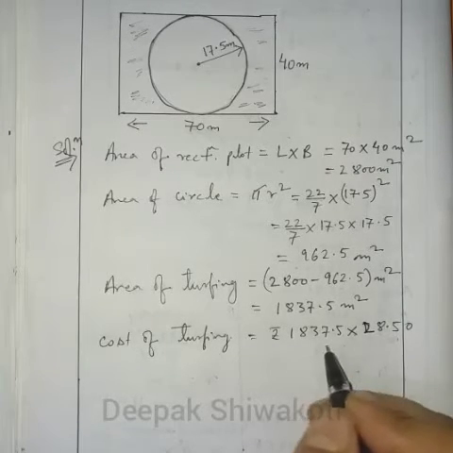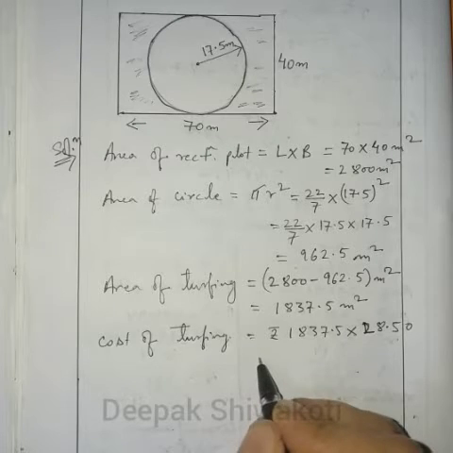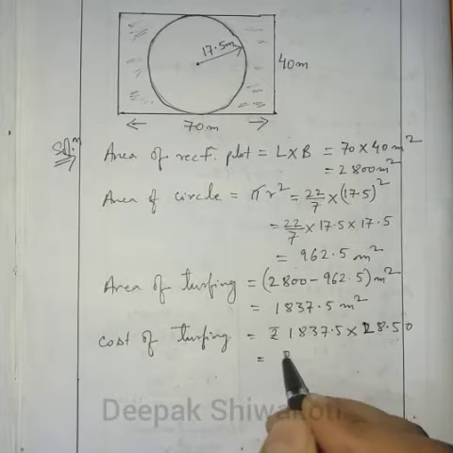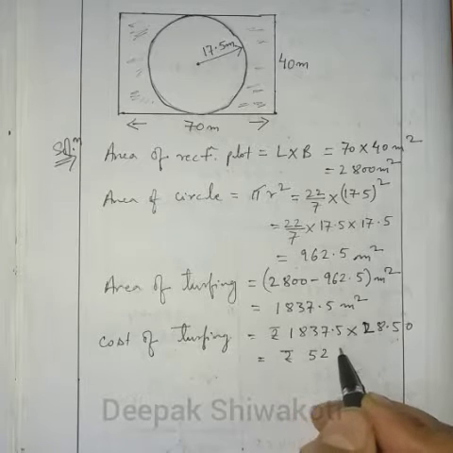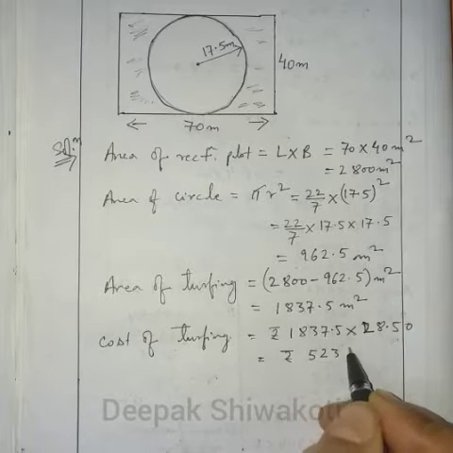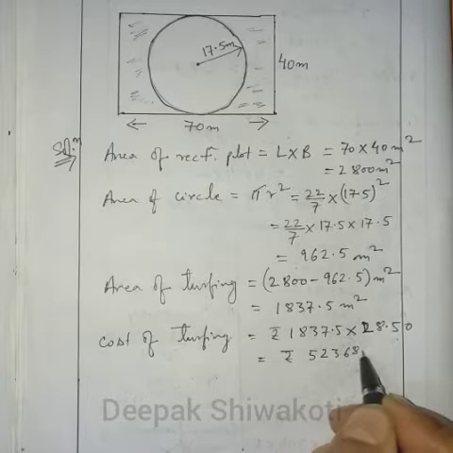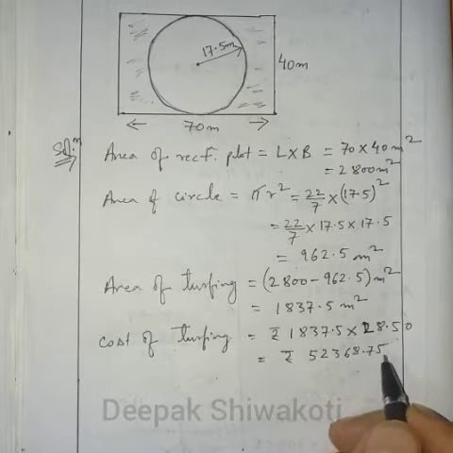When we find the product of these two, we get the cost of turfing, that is rupees 52368.75.